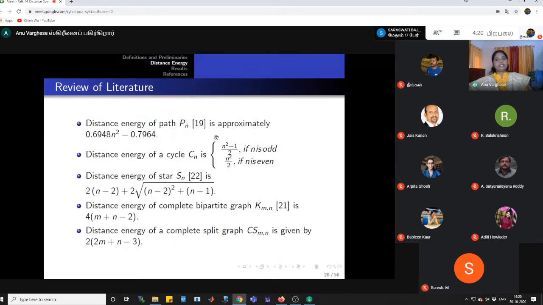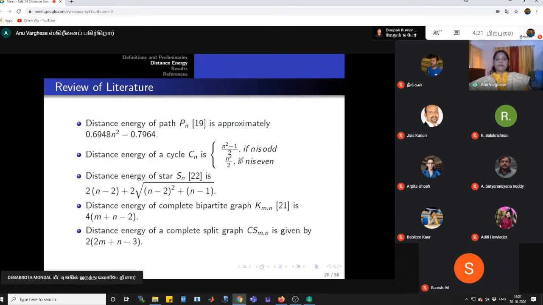We have seen that all the trees have a unique positive eigenvalue. So the path also has a unique positive eigenvalue. Similarly, it was proved that unicyclic graphs have a unique positive distance eigenvalue. Therefore, Cn also has a unique positive distance eigenvalue. So if we consider Cn, we have already seen that it is transmission regular.